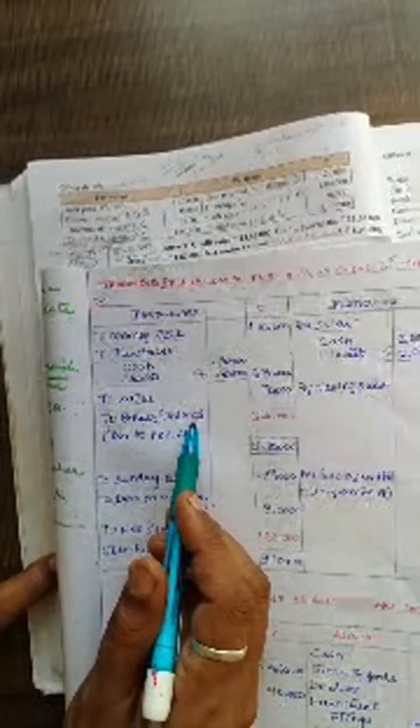Against this 3 lakh 20,000 rupees, you are going to write gross profit carried down. Why are you writing gross profit carried down? It will be transferred to the profit and loss account. So for that you are going to write gross profit carried down.